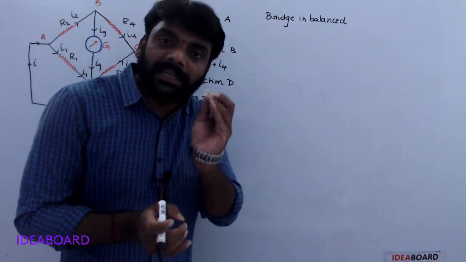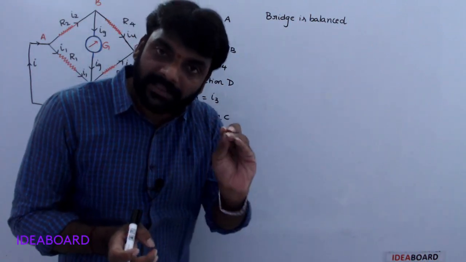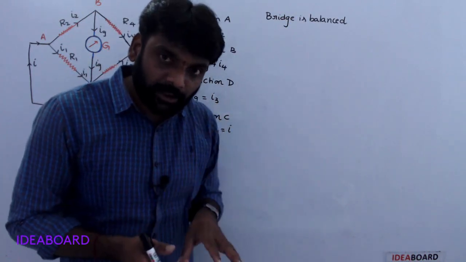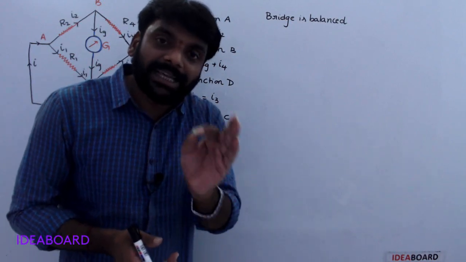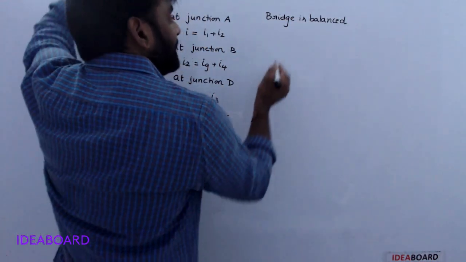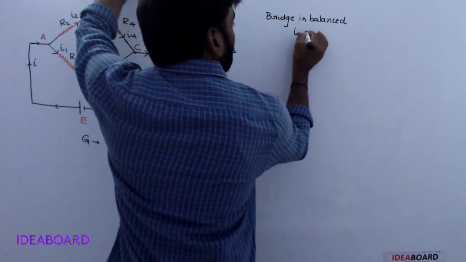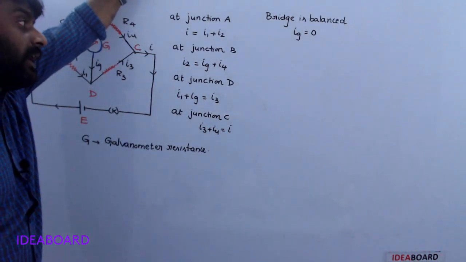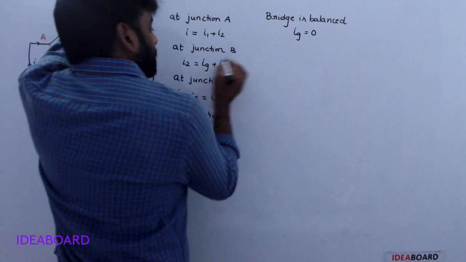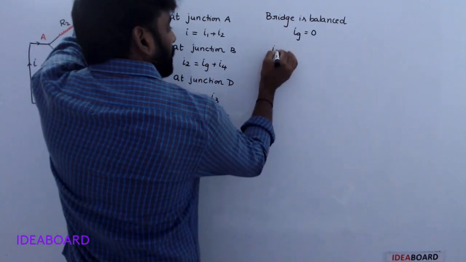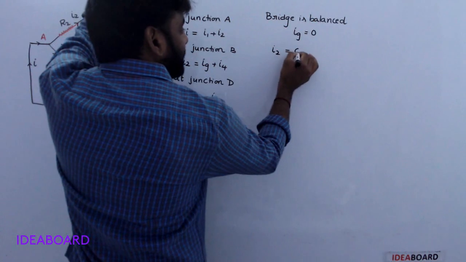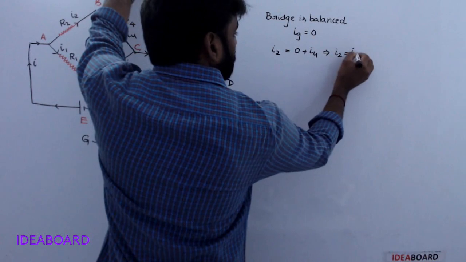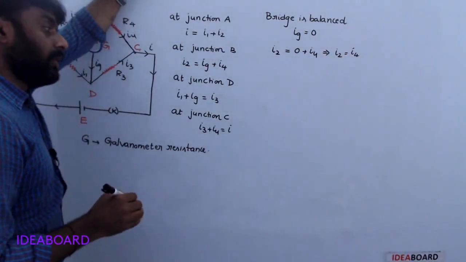If the galvanometer current is 0, then I2 is equal to 0 plus I4, that means I2 is equal to I4.